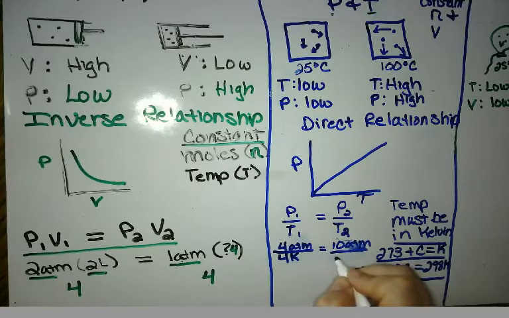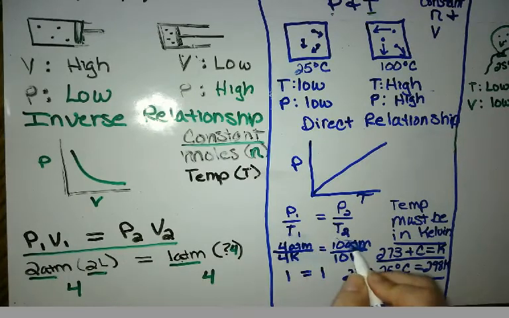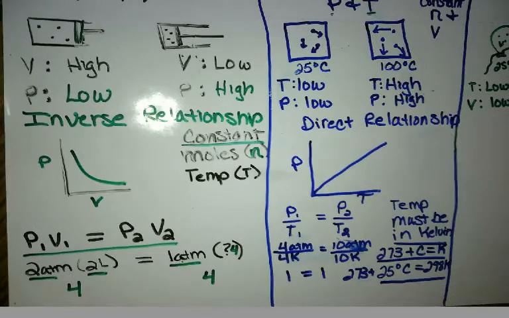What does this have to be? This has to be 10 K. Why? Because 4 divided by 4 is 1 equals 10 divided by 10 is 1. If I increase my pressure, my temperature must have gone up to get that pressure. So this is just showing you that it is a direct relationship.